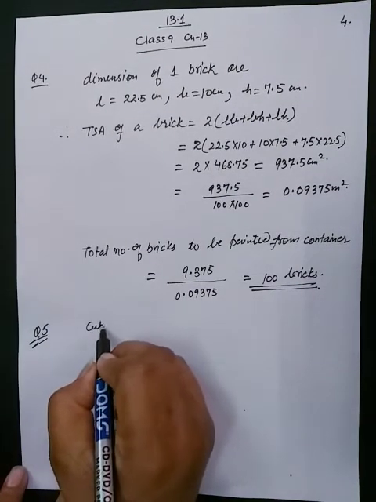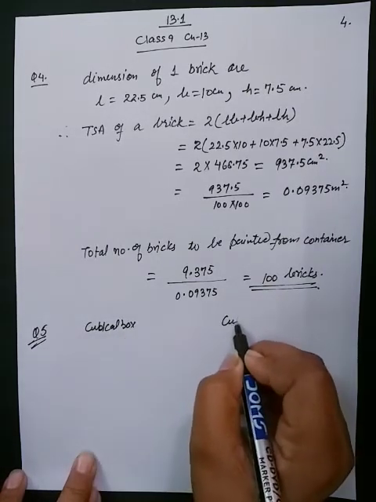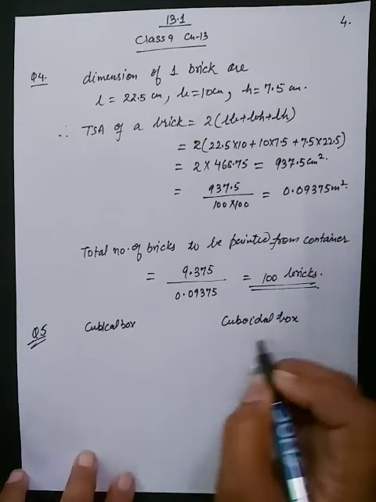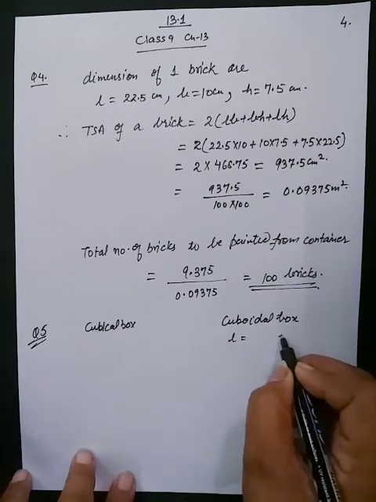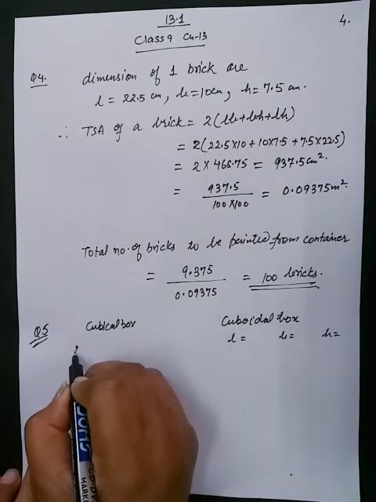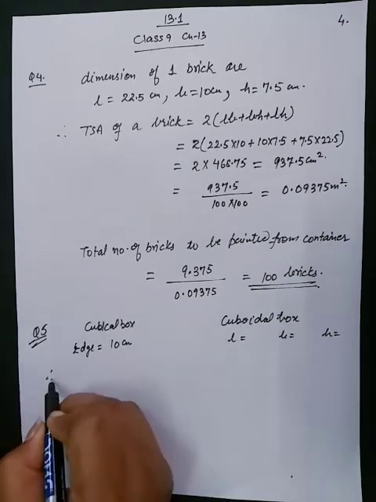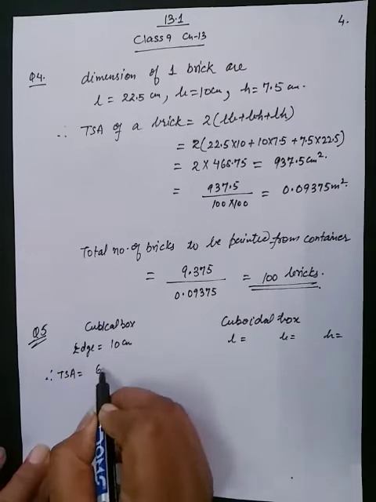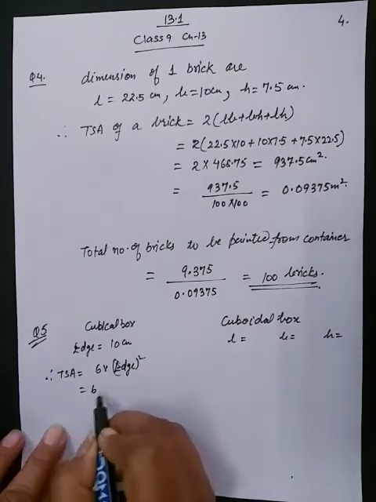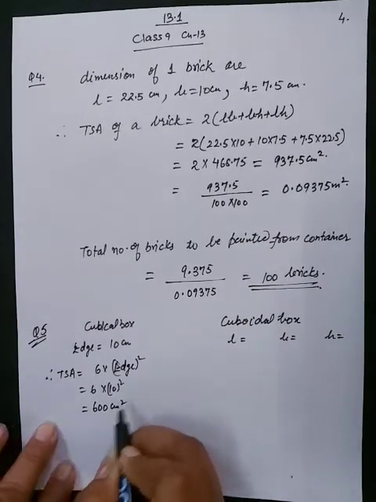So first of all we are taking cubical box and here I am taking cuboidal box. Its length, breadth and height is given, and for this the edge is given. Edge is 10 centimeter. So therefore its TSA will be 6 into edge square, 6 into 10 square, and it will be 600 centimeter square.